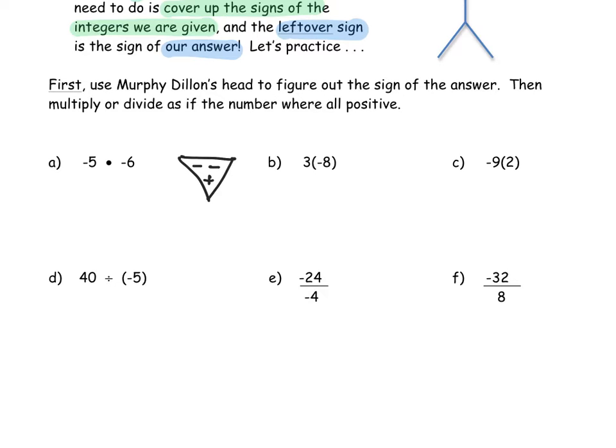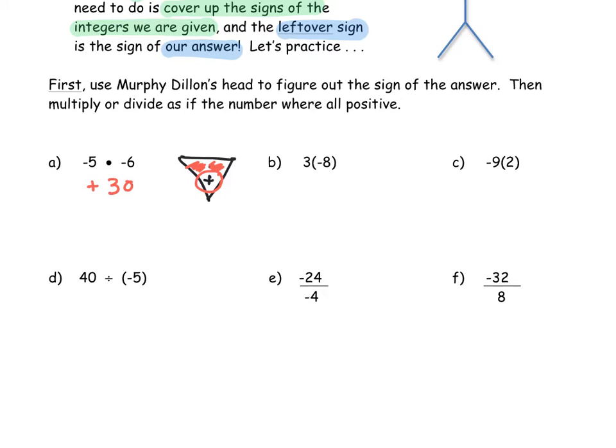Now we look at the two numbers that we have. I'm noticing that I have a -5, so we're going to cover up that negative sign, and we have a -6, so we're going to cover up that other negative sign, and the answer is going to be positive. So we now know that the answer is positive. Then we just multiply 5 times 6, as if they were normal positive numbers, to get 30.